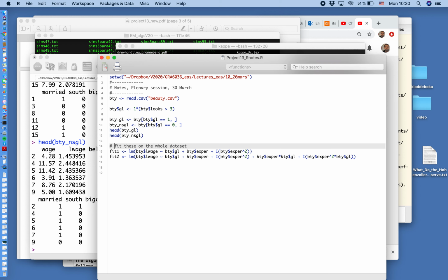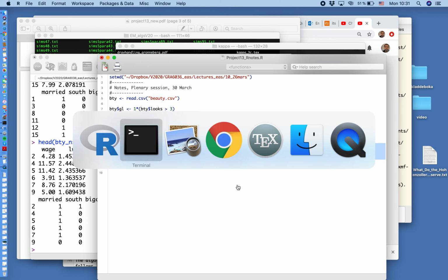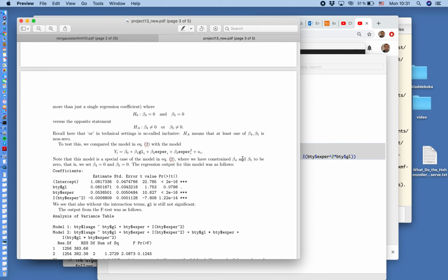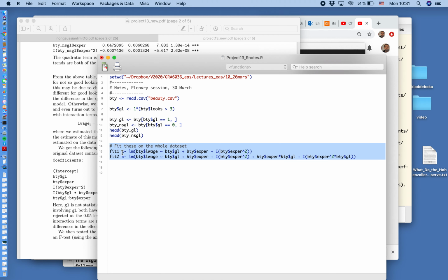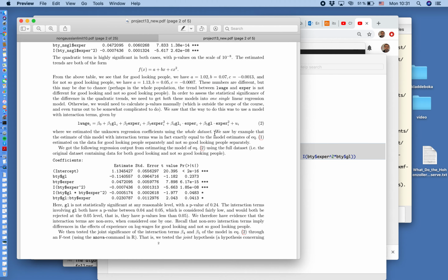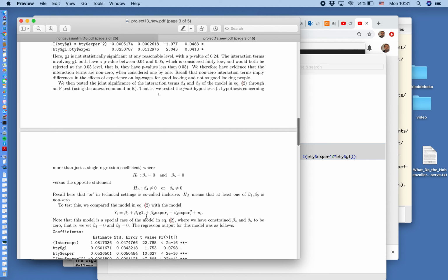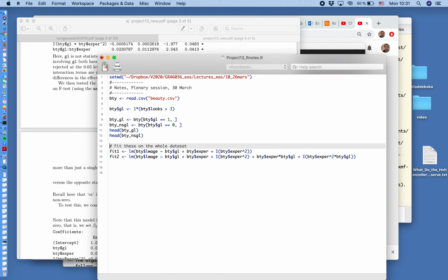Now we fit these two models on the entire data set, on the whole data set. So this is BTY. Let's go to the project to see what models we are fitting. We are fitting this model, that's what I call fit 2. And then we are also fitting this model, that's what I call fit 1.